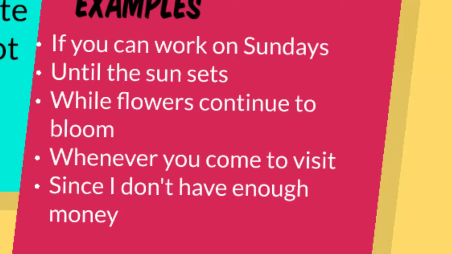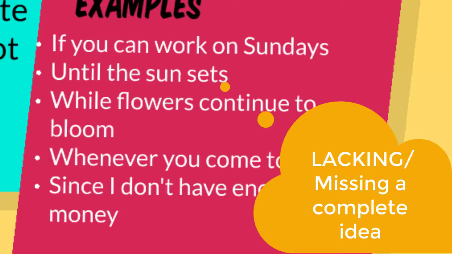Example number 2, until the sun sets. Subject is there, sun. Verb is there, sets. Is it a complete thought? Is it a sentence that can stand alone? No. This, therefore, is a dependent clause. It cannot stand alone.